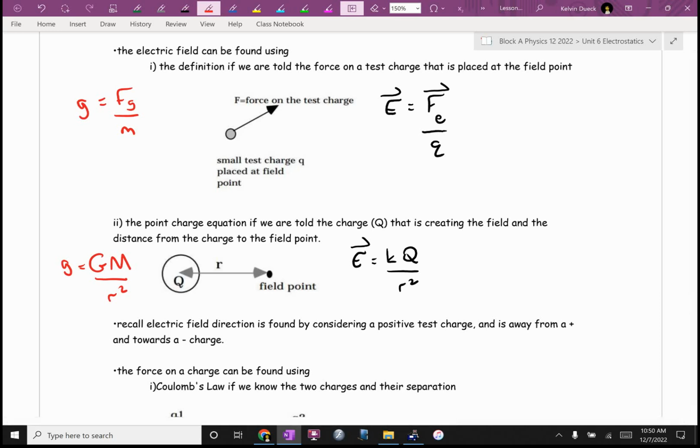Mallory, again, I hope they look kind of similar. Big G is the constant to get kilograms and meters squared into newtons, well, into meters per second squared or newtons per kilogram. Little k is the constant to give us newtons per coulomb from coulombs and meters squared.